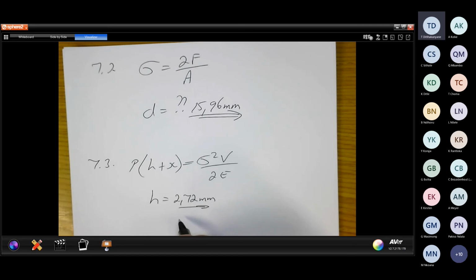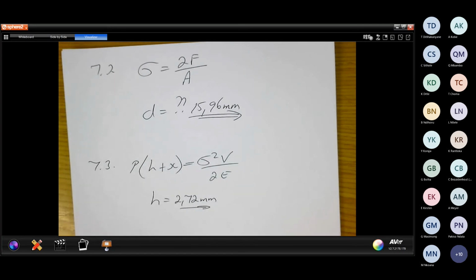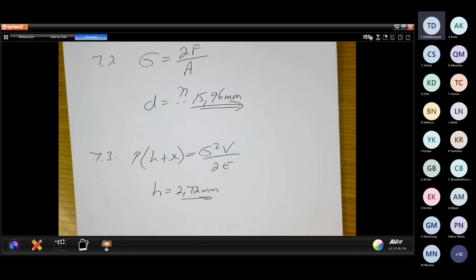Maybe I did a mistake, because it's too large. What is too large? It's like 20 kilometers. No, it's at nano. So I think I made a mistake somewhere. Okay, all right. Anybody else? People?